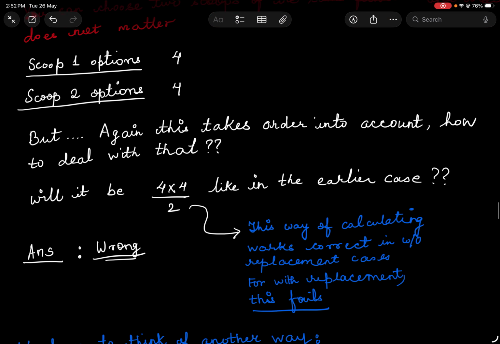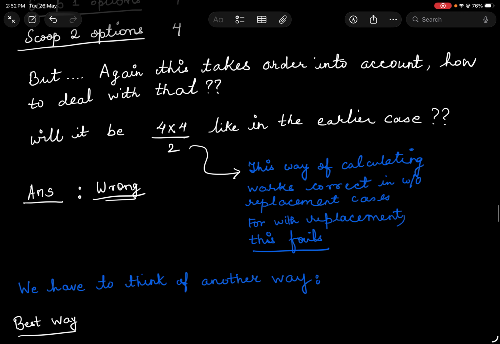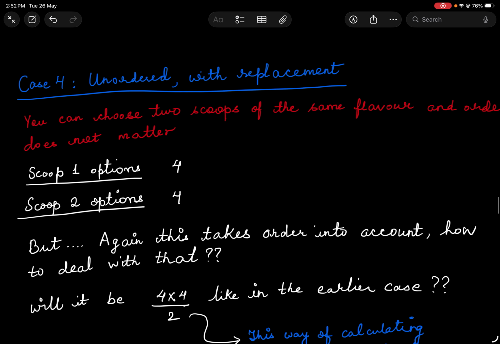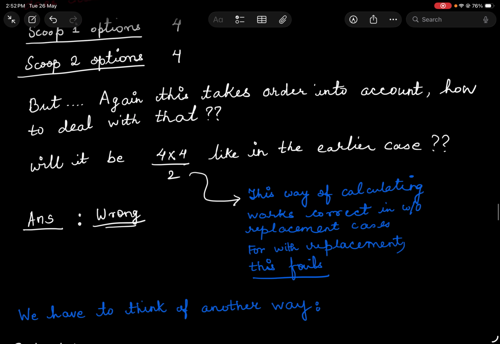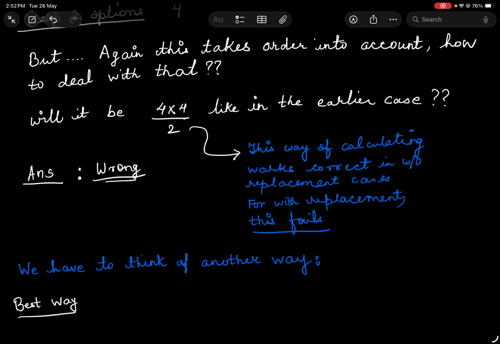How do you deal with that? Will you divide by 2 factorial like before? The answer is wrong, because this way of calculating works correctly in the without replacement case, but when you have with replacement, this will fail.